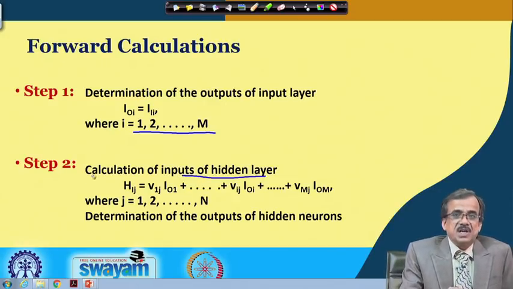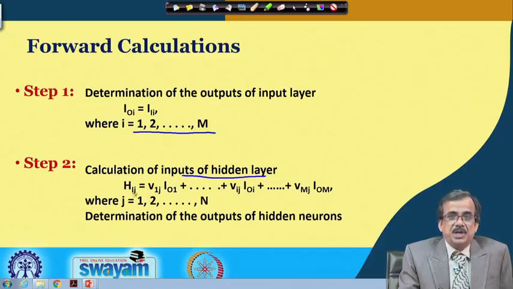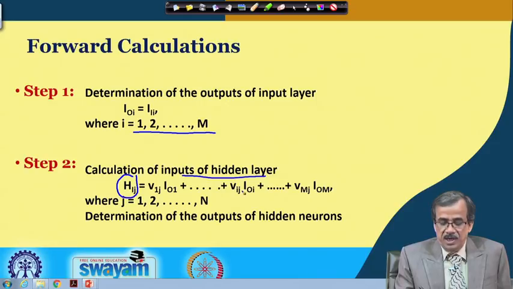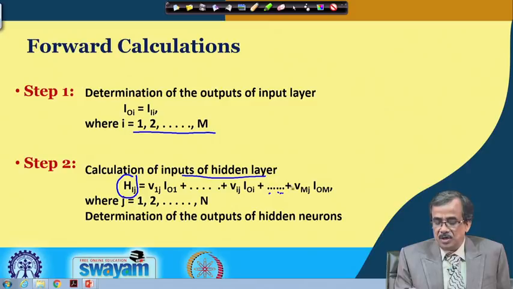So, step 2: the input of the hidden layer, that is Hij, the input of the jth neuron lying on the hidden layer, is nothing but V1j multiplied by Io1, plus a few terms, the middle term being Vij multiplied by Ioi, plus dot dot dot, plus the last term Vmj multiplied by Iom.